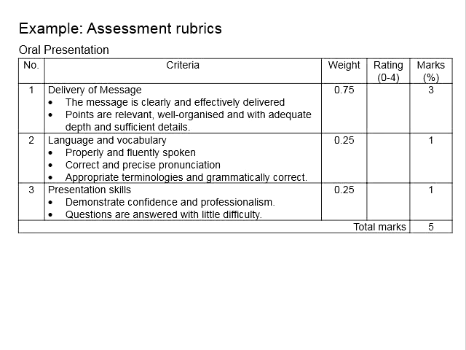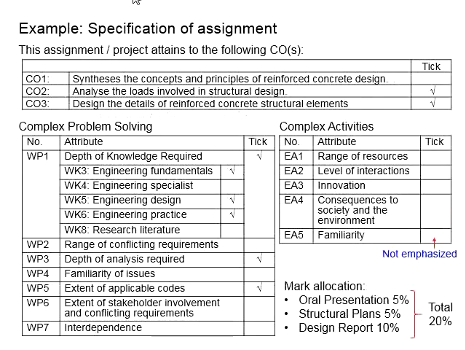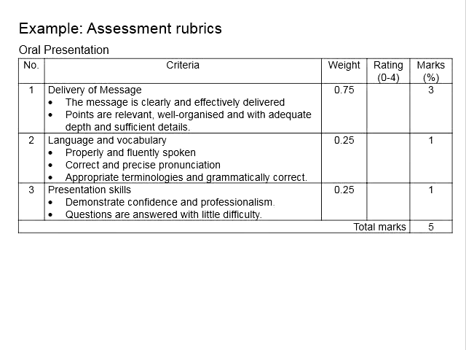That means in terms of the marks, it will be quantified by multiplying the weights with whichever rating you have acquired, so if you acquire the full 4 rating, you will get 3 marks for the first criterion. If you manage to score everything perfectly, the total will be equal to 5 marks, as defined by the specifications of the assignment earlier. This gives you an idea.